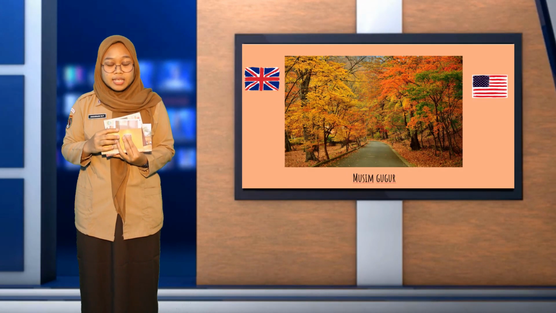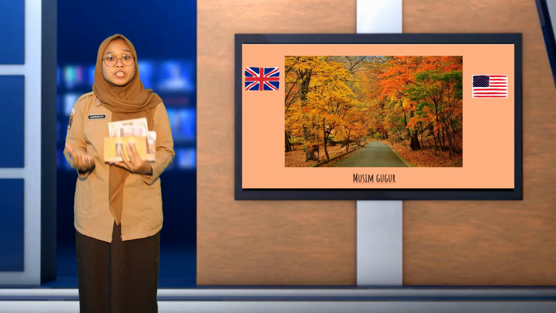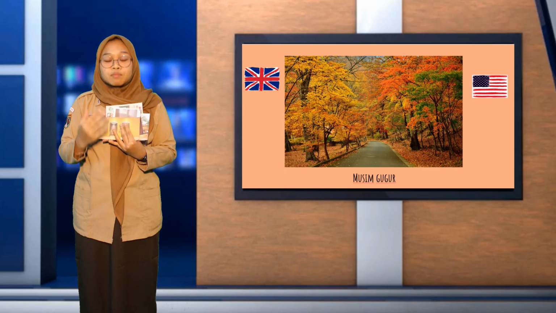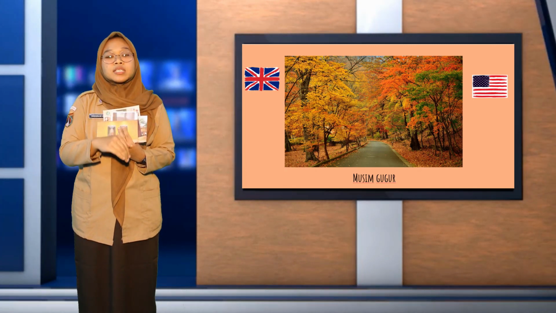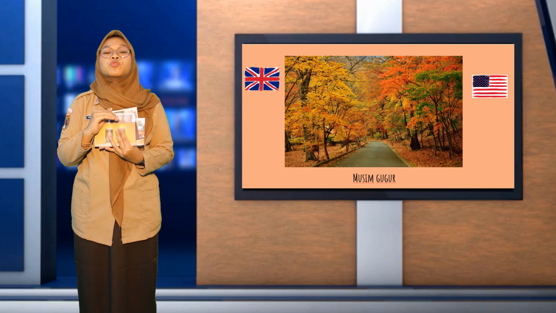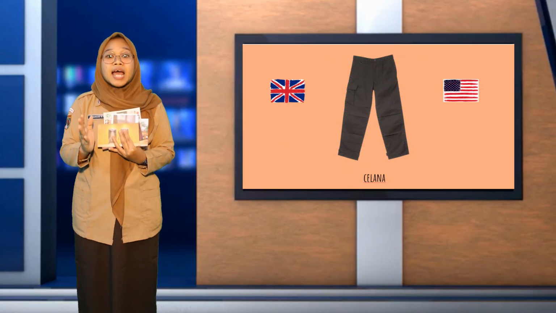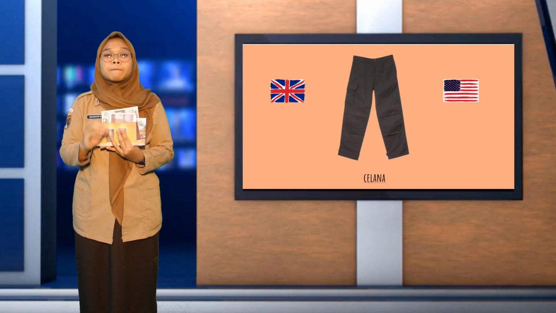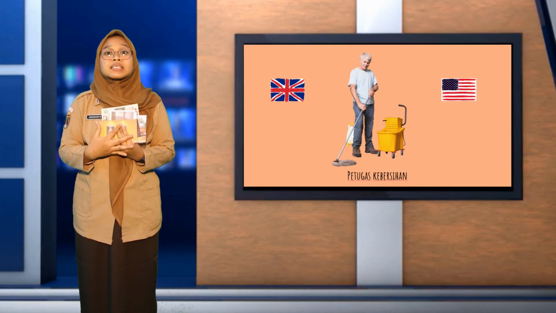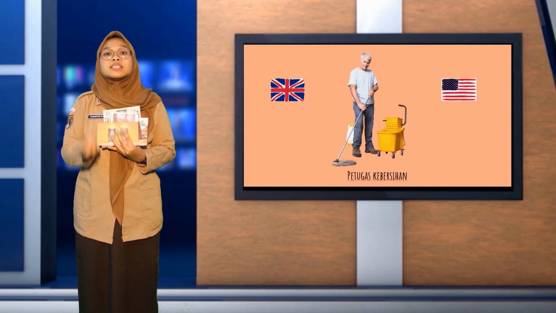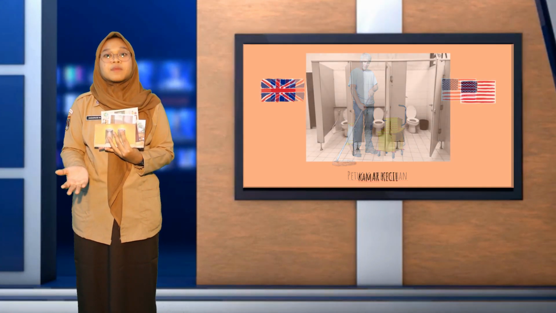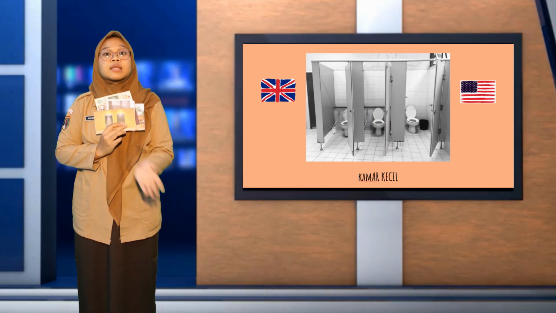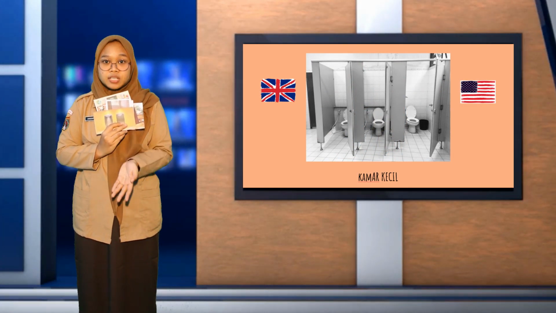The third one is musim gugur. Kalau di Indonesia tidak ada musim gugur ya. If it's abroad, there is a musim gugur. What is the British English and American English of musim gugur? Next is celana. What is the British English and American English of celana? The next is petugas kebersihan. What is the British English and American English? The last thing that I want you to translate to British English and American English is kamar kecil.